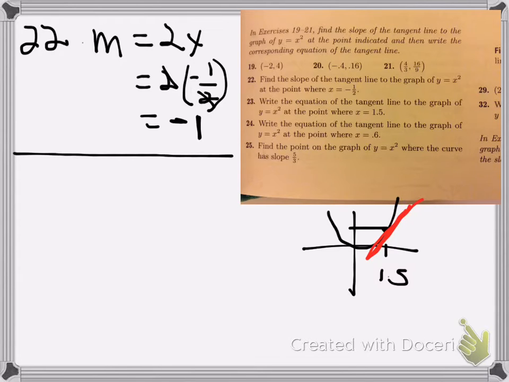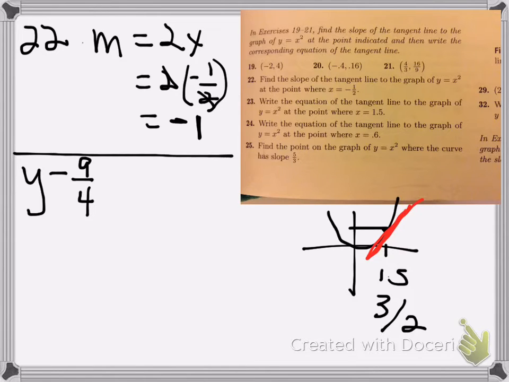So I know if x is 1.5, then y minus 1.5 squared. Now I find it easier if 1.5, I also can write it as 3/2. If I write it as 3/2, look how much easier this is. 3/2 squared to get the y will be 9/4. So I like writing it as fractions.